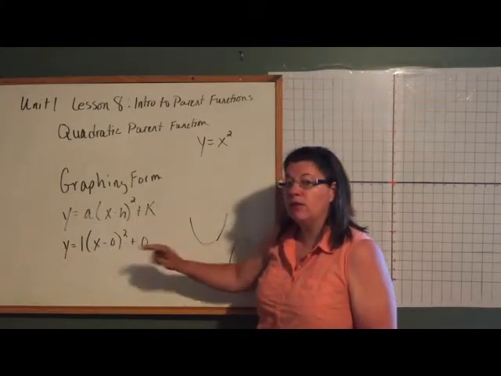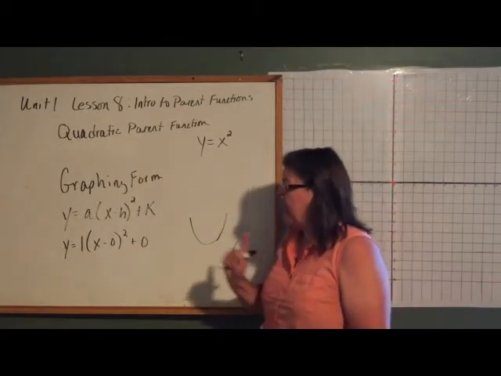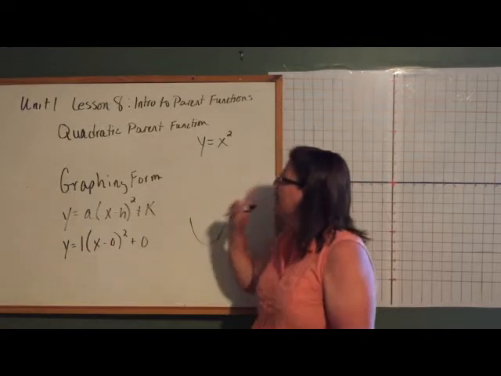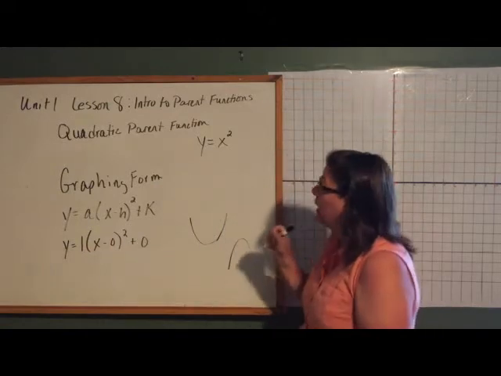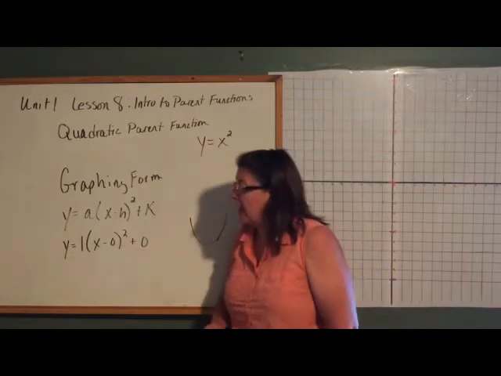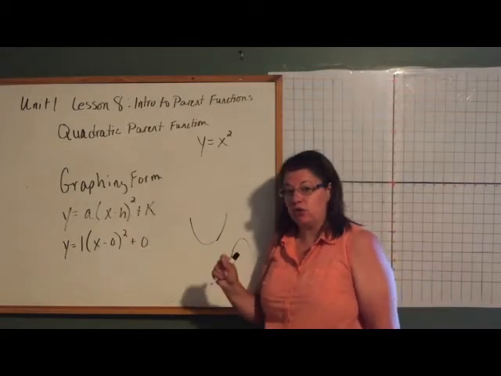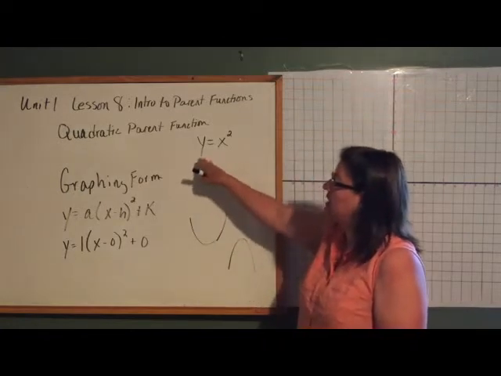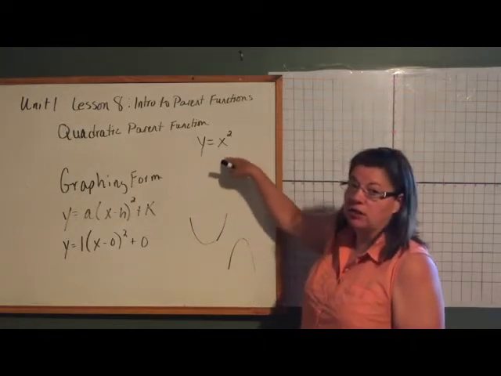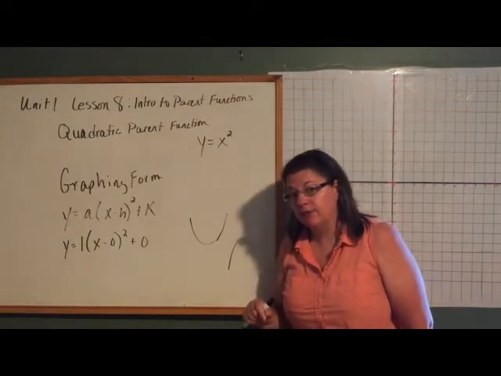So the point (0, 0) is the vertex of this parabola, and 1 is my a value. Whenever your vertex is (0, 0) and 1 is your a value, your parabola is the actual parent function, your quadratic. So this is the parent function equation for a quadratic.